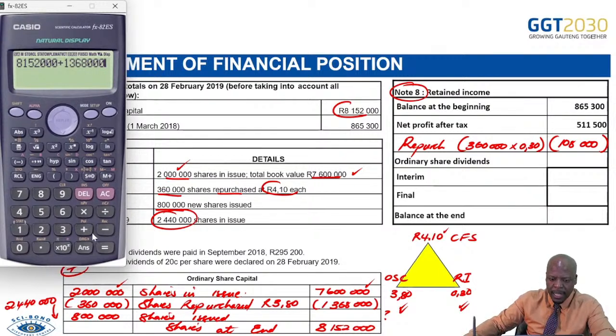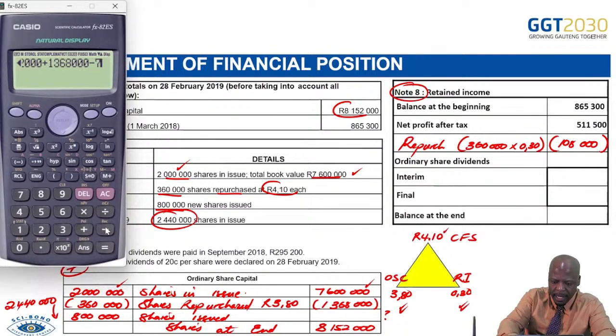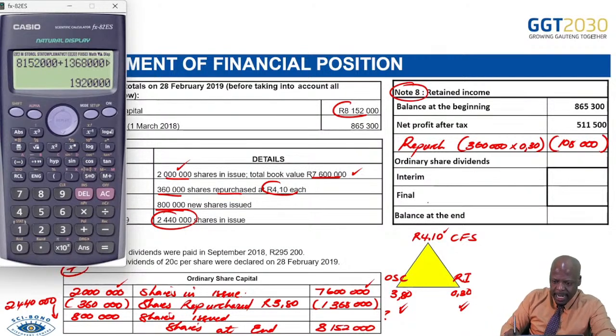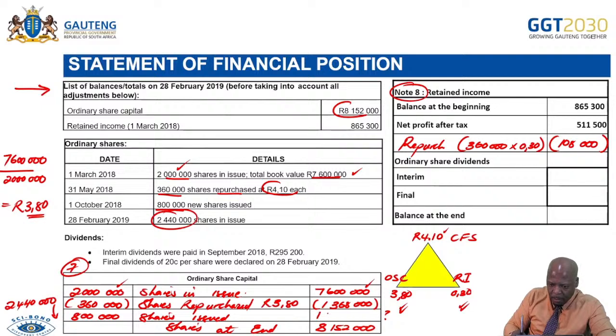And then what is next? Then you say minus 7.6 million. 7,600,000. All right. Now, how much will that become? That will become your 1,920,000. So I'm going to come here and I say my answer here is 1,920,000.